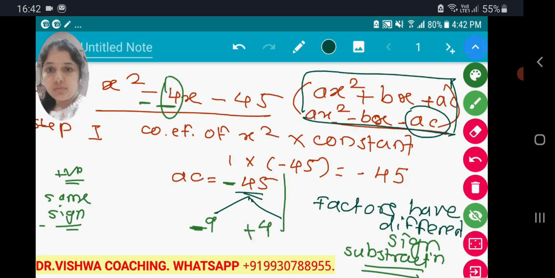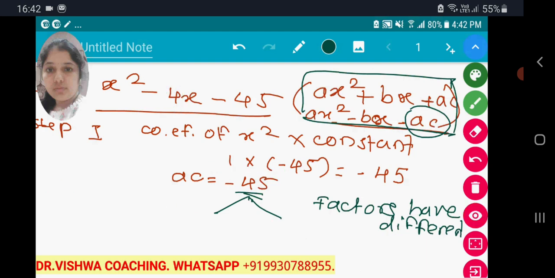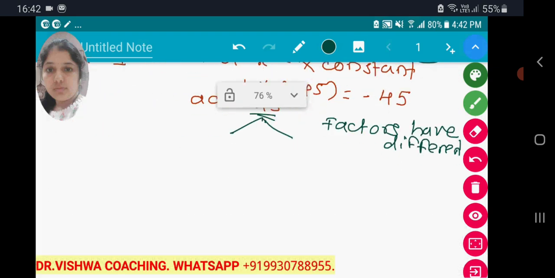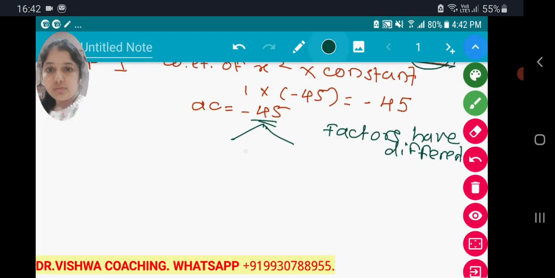So our factors can be like 9 and 5, and after subtracting 5 from 9, the answer is 4. Since the coefficient is negative, 9 has a negative sign.